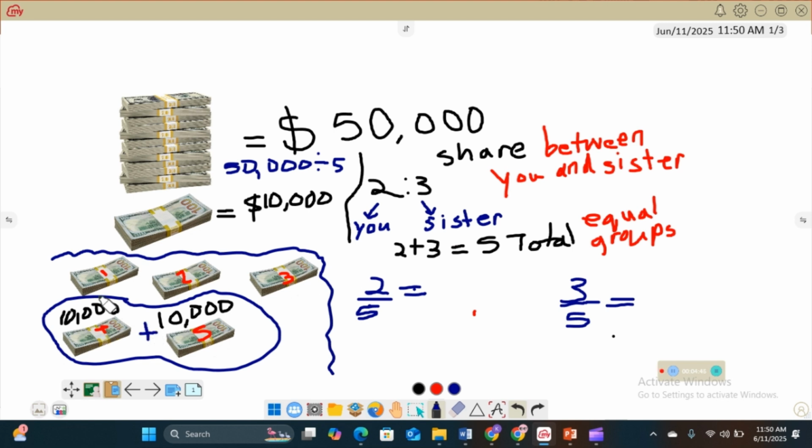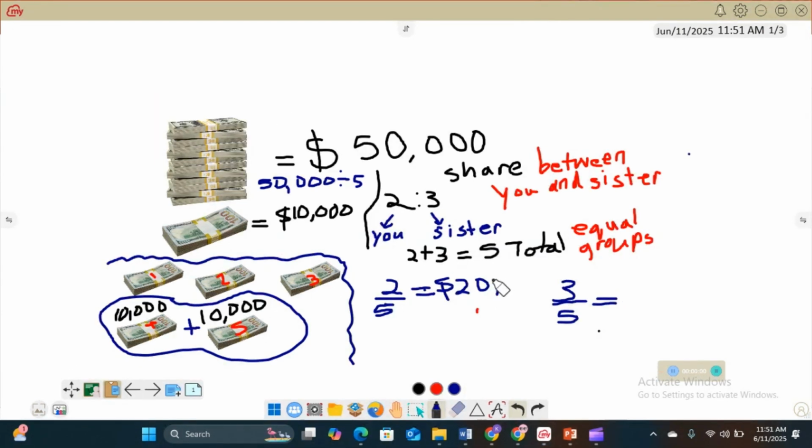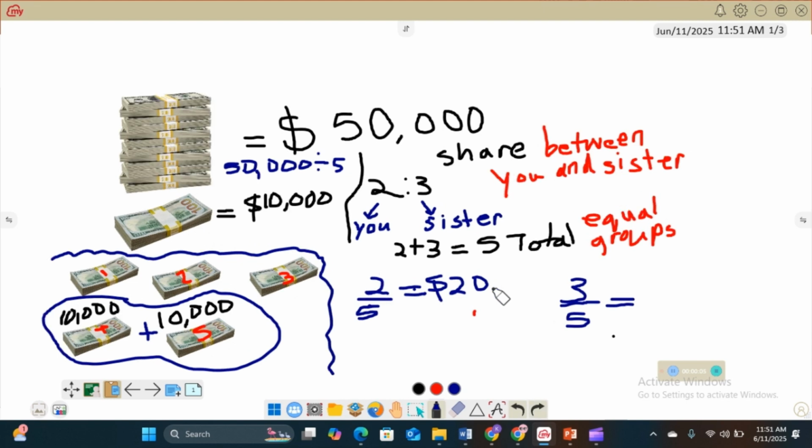If you take 2 out of the 5 equal sets of money, you'll have 10,000 plus 10,000, and that is equal to $20,000, because the person has taken 2 of the 5 equal groups.